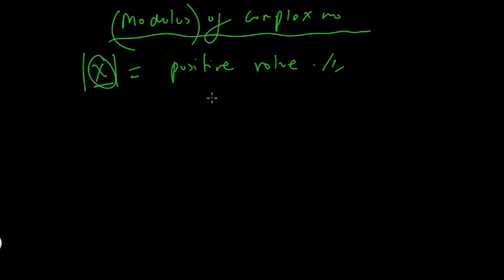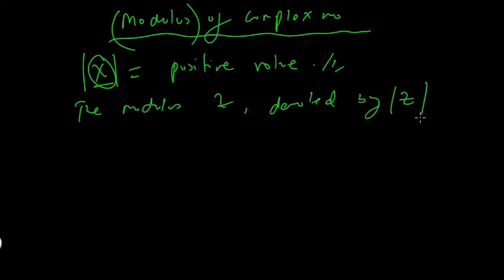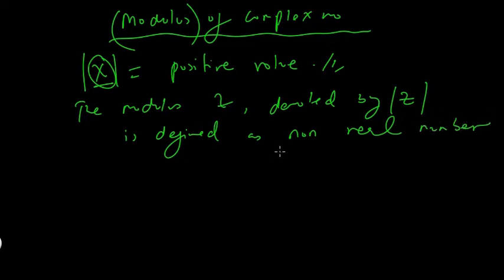The definition: the modulus of z, a complex number, denoted by mod of z, is defined to be a non-negative real number.